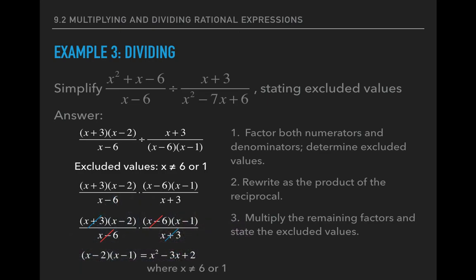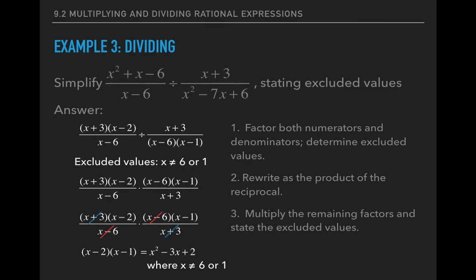This could be rewritten if you multiplied. If you use the property of distribution, it would be x squared minus 3x plus 2, and your excluded values again are 6 and 1. You wouldn't necessarily have to multiply your binomials. I just wanted to show you that result.